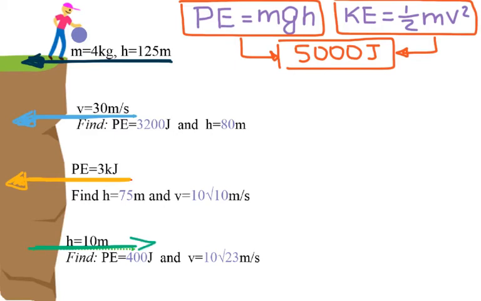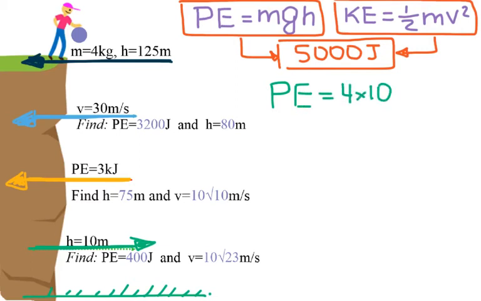And the next one: here's the ground, and it is still at a height of 10 meters above the ground. The potential energy at 10 meters is mass, g, and h, so the potential energy is equal to 400 joules.